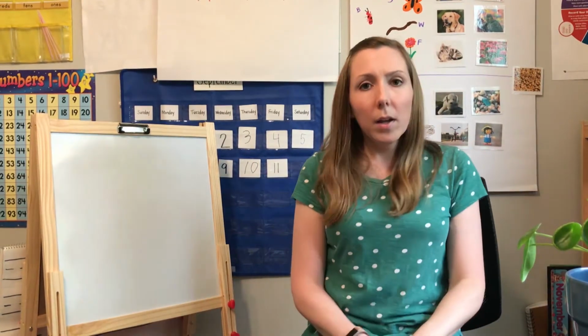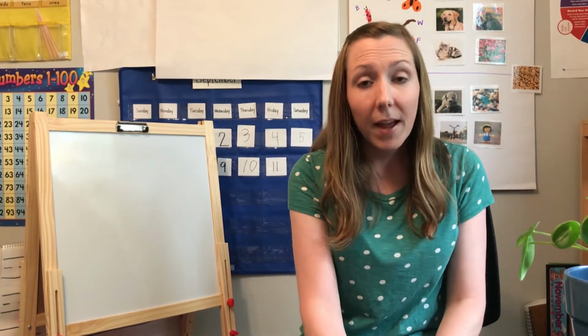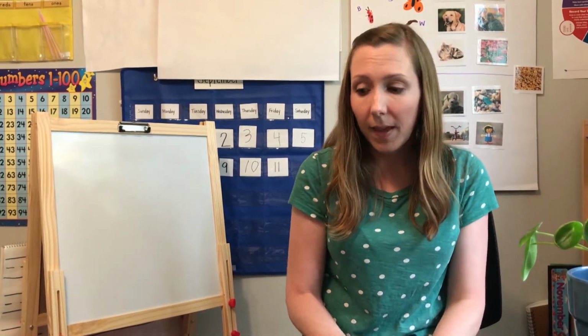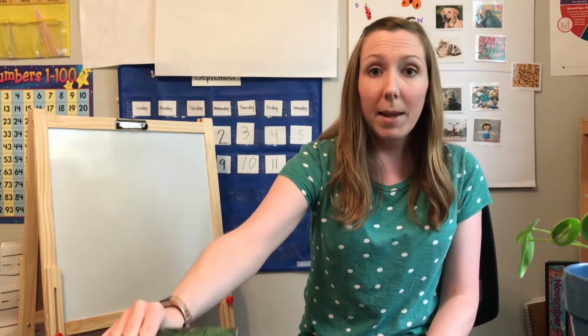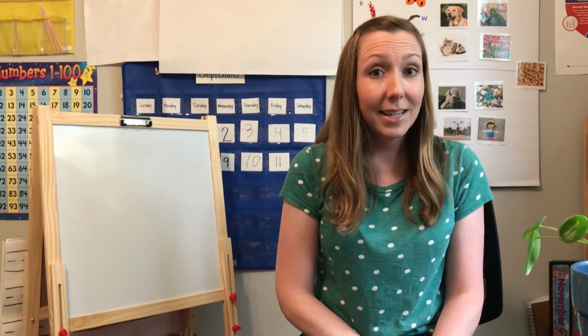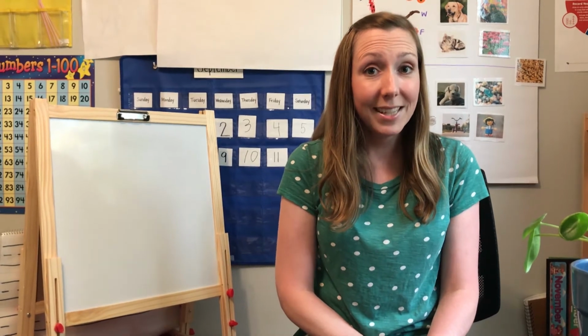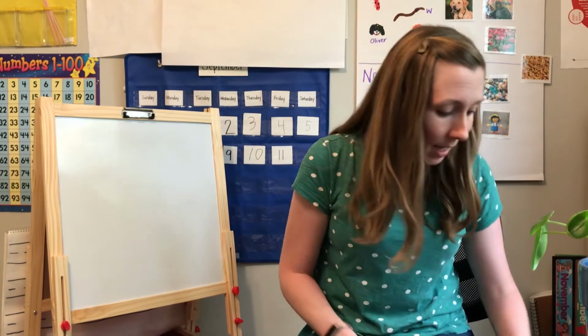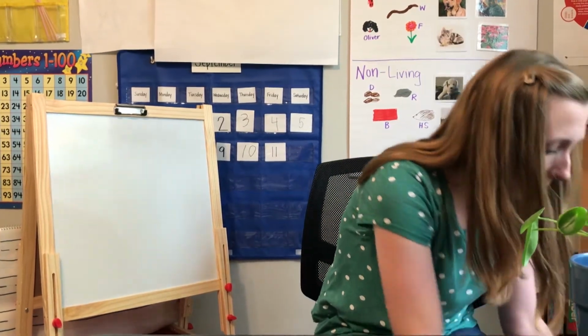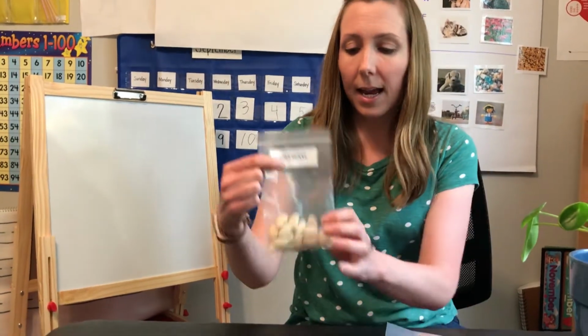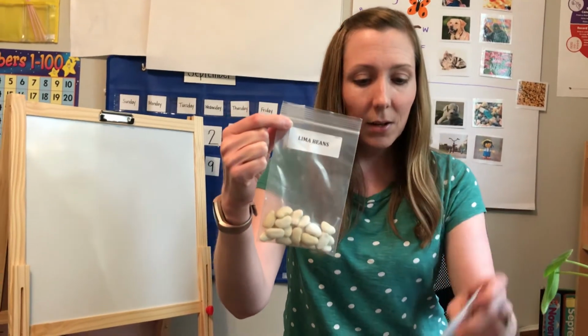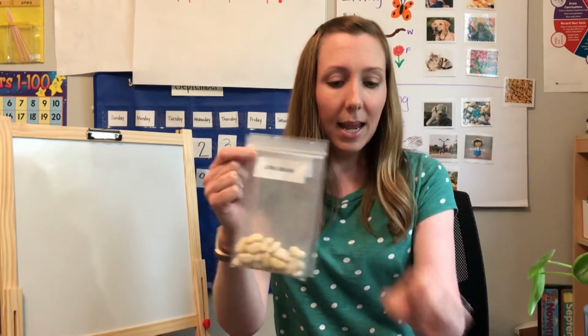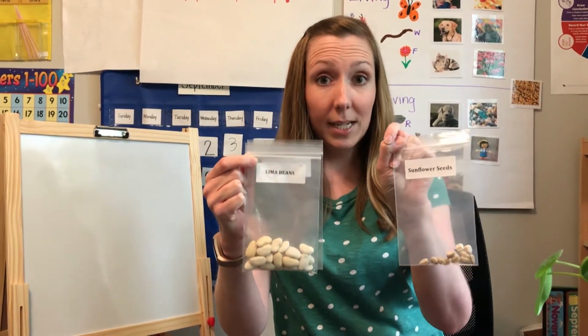And what could we do to find the answer out if a seed is a living thing? Because I don't think our book said that the seed was a living thing. Maybe we should do an experiment. Remember, that's something else that scientists do to help them learn and find answers to questions. So I have a few different seeds. I have lima bean seeds, radish seeds, and sunflower seeds.